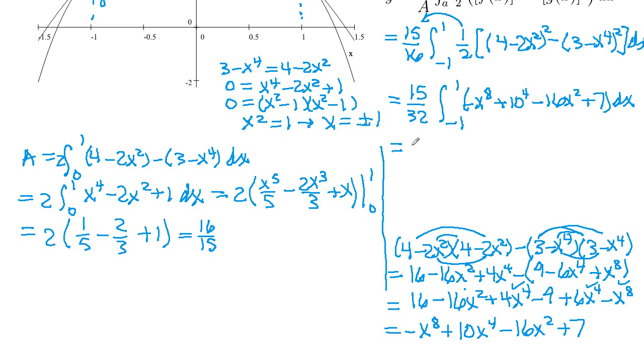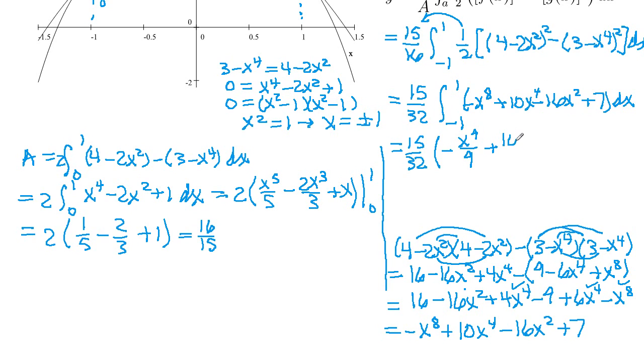And so this will be 15 over 32. And then our antiderivative, negative x to the 9th over 9 plus, that should be x to the 4th, not 10 to the 4th. 10x to the 4th.